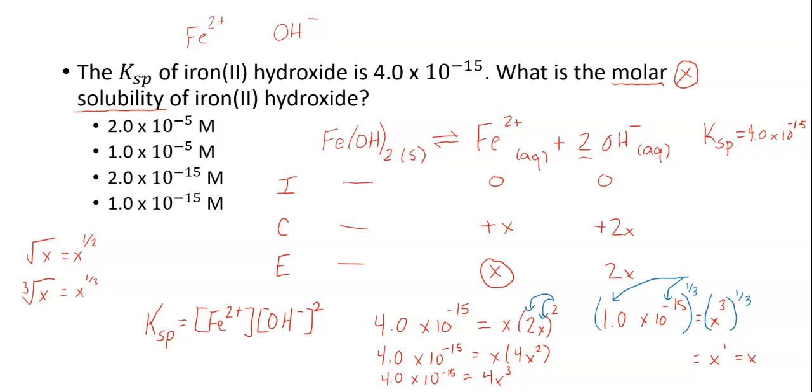Same thing if we do 1 to the 1/3 power, that's also going to be 1. That's important to remember. And then 1 times 10 to the negative 15 times 1/3 is going to be 10 to the negative 5 molar, equal to x. So that's going to be our answer for the molar solubility. Okay.